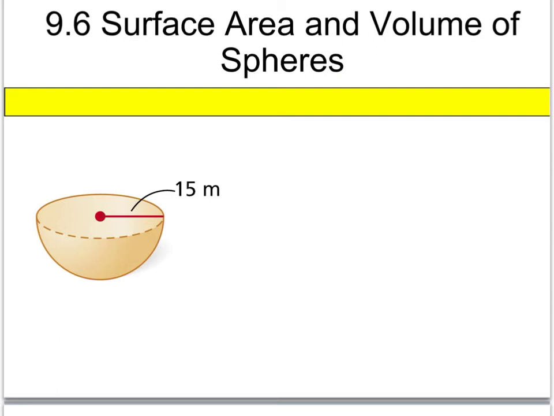Now we have a hemisphere on our hands. If you remember what a hemisphere is, it takes that entire sphere and divides it by 2. So you actually have to take your volume, and remember, your volume on a sphere is equal to 4/3 times pi times r cubed.